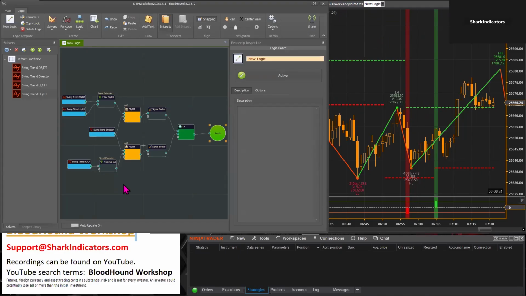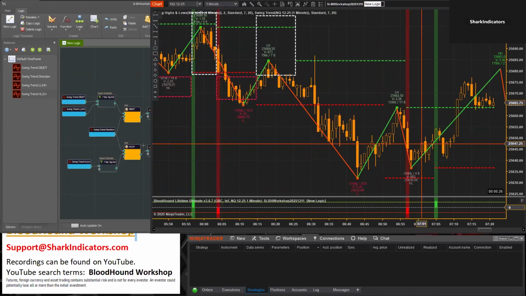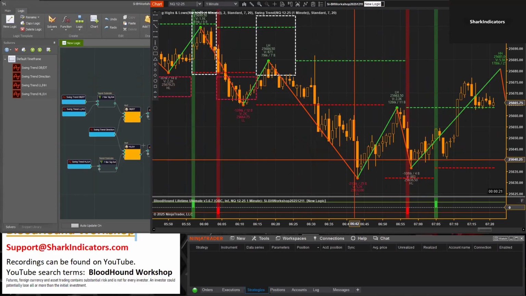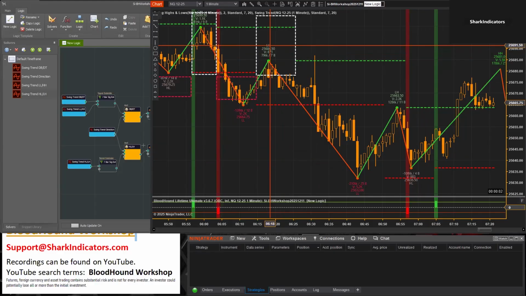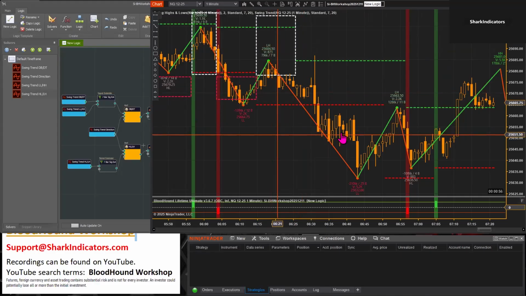I'm just kind of thinking to myself, is there anything that could possibly generate a false positive higher low or lower high signal. Let's see, we didn't actually get anything here. So we have a lower high, but we didn't get a short here.